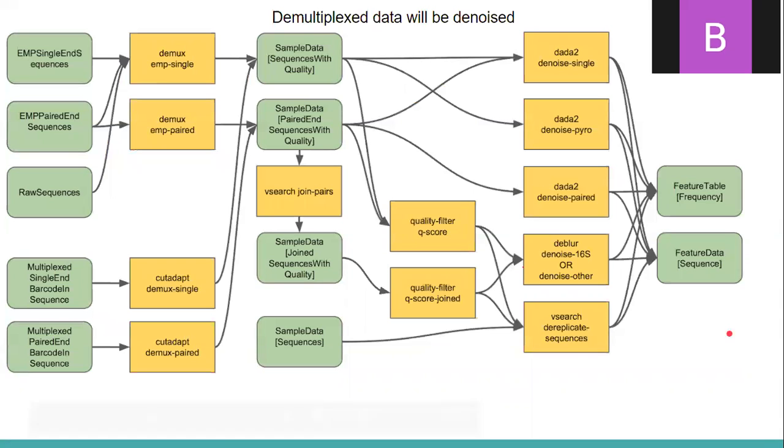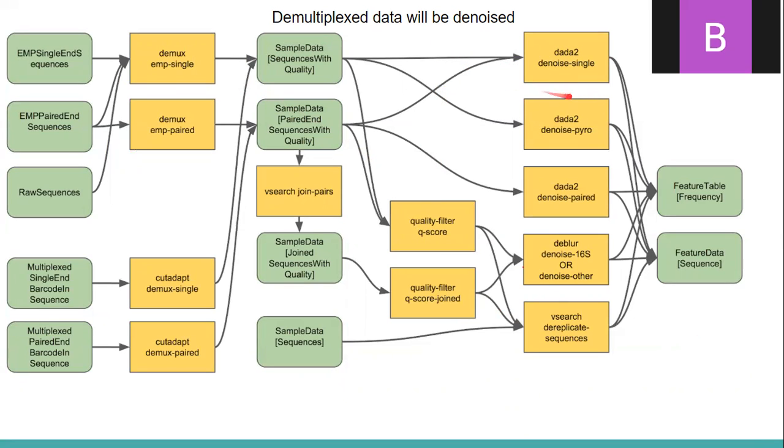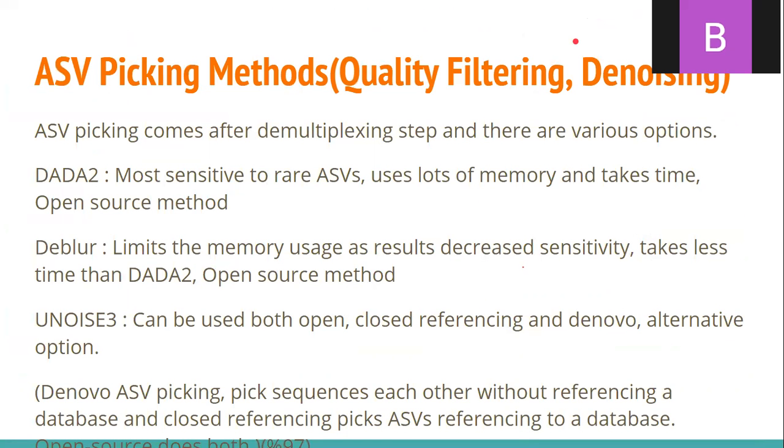After this step, we are here. This is the step for the amplicon sequence variant picking method, which is a denoising method, another name for it. There is more than one option again, but we're going to use DADA2. Why?